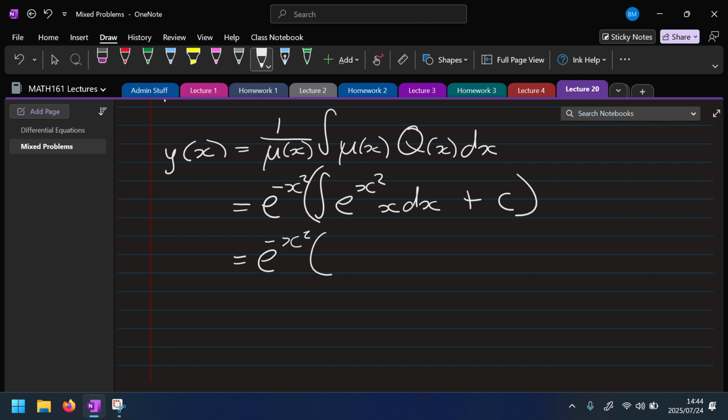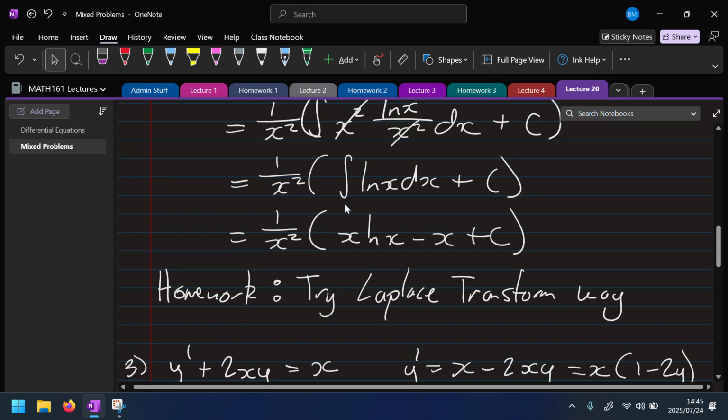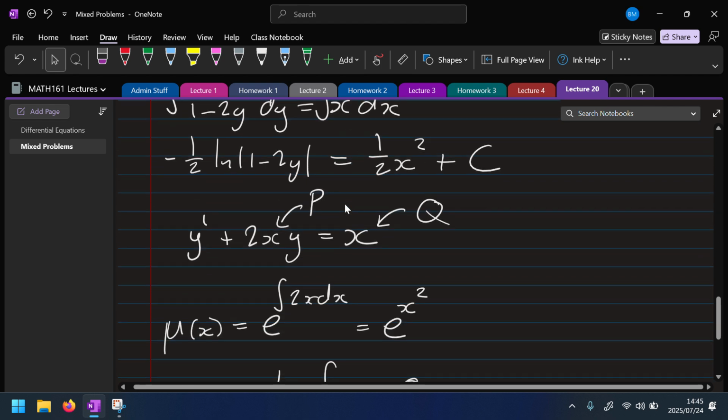Please make sure you're not making mistakes with that. So that's going to be just a half, because the exponentials cancel, plus c e to the minus x squared. Now for homework, like I said earlier here, where is it?